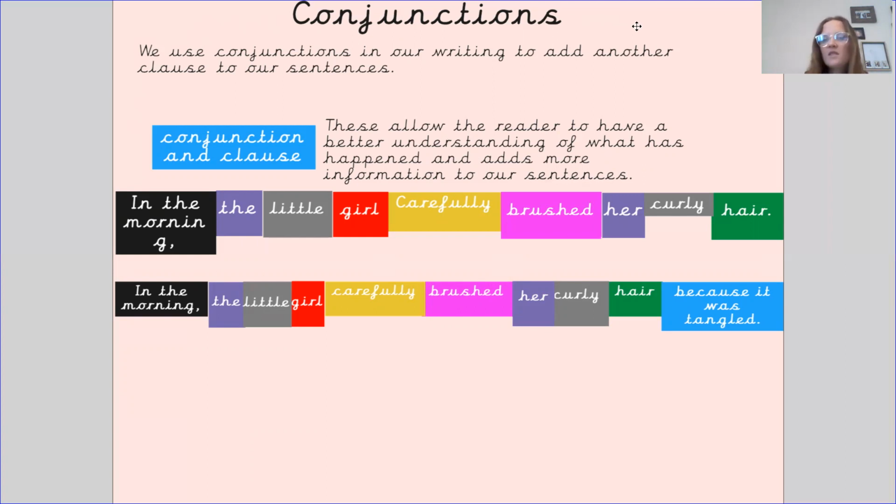So now we have in the morning, the little girl carefully brushed her curly hair because, and because is our conjunction, because, and we have more information about it, it was tangled.